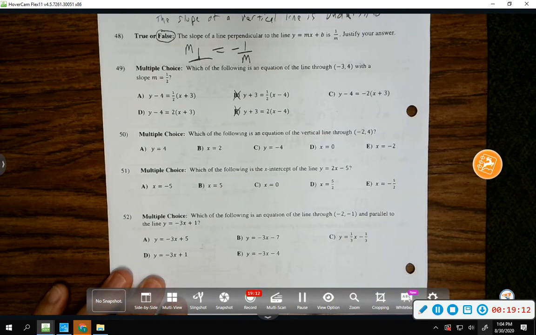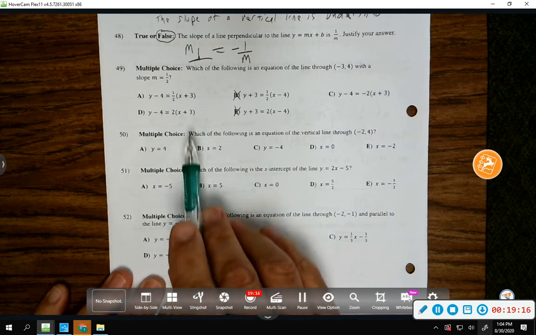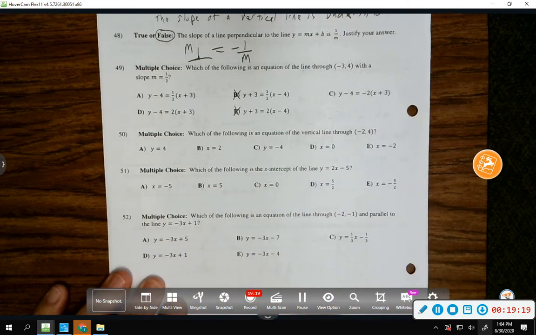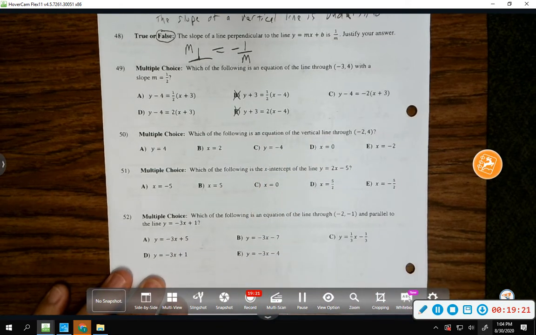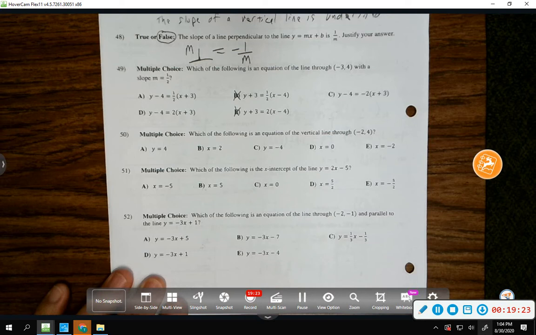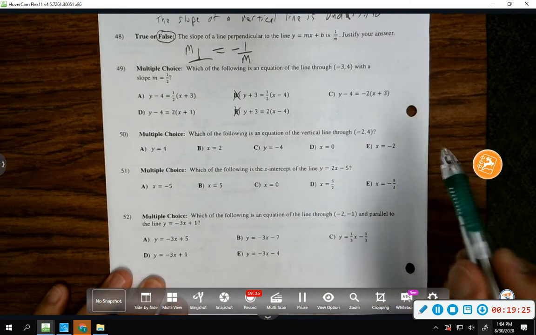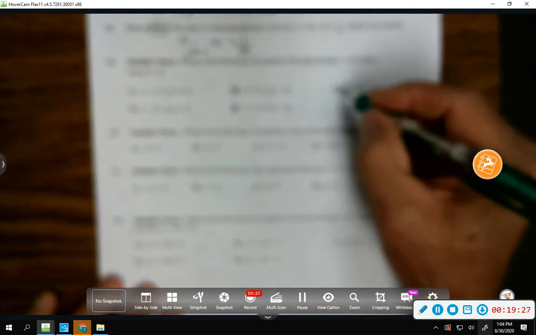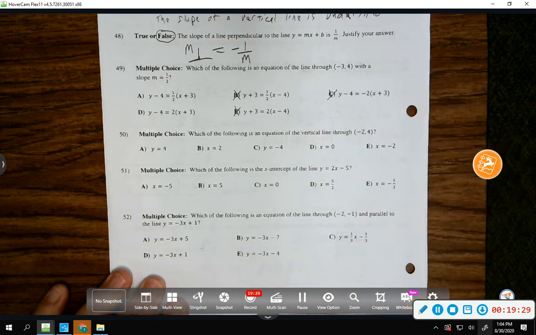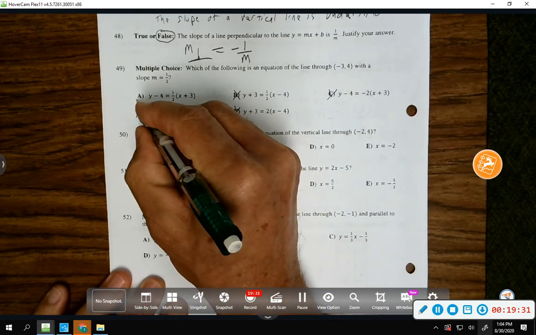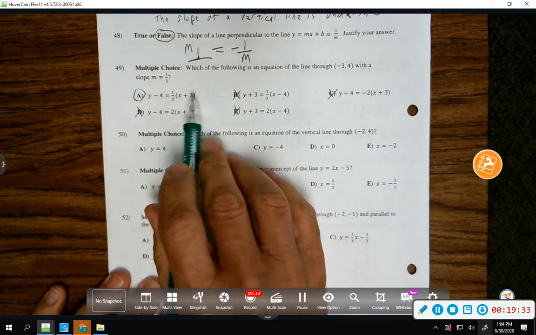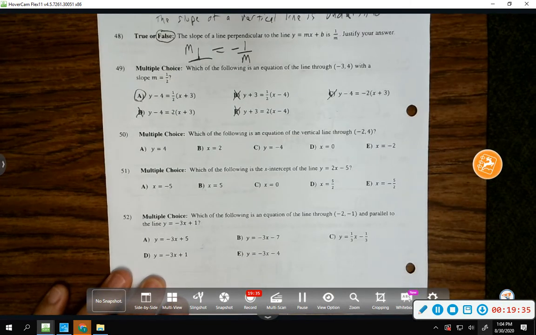I need an x plus 3. x plus 3, x plus 3, x plus 3. They're all still in. But the slope has to be a positive 1/2. That's got a slope of negative 2. That is a slope of positive 2. There it is. There's the slope through that point.